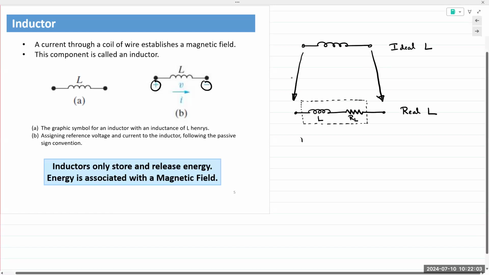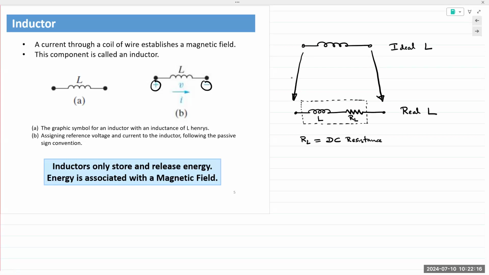Sometimes this RL, the inductor resistance, is also noted as the DC resistance of the inductor. Okay, it is inherently part of the inductor itself. We cannot separate it out.